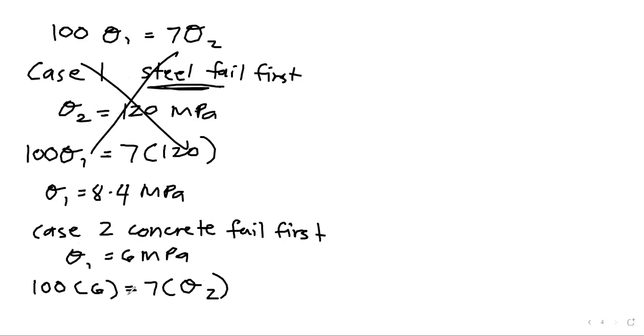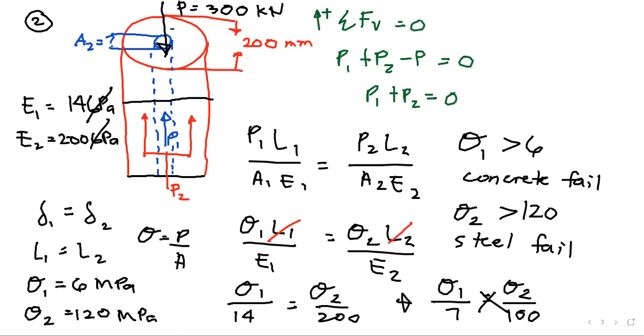Okay? So, 600 divided by 7. Diba? Tama ba? Tama. Okay. So, we have stress 2 is equals to 85.714.